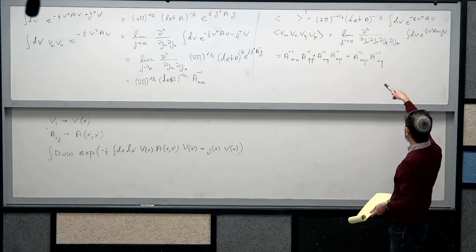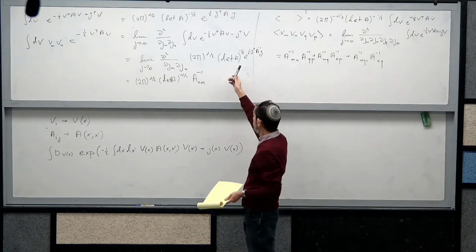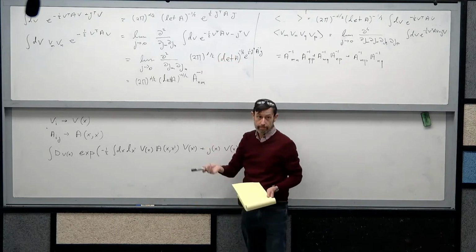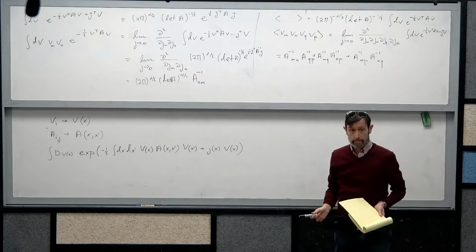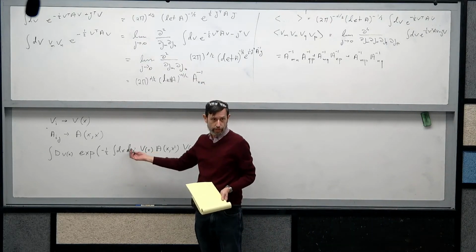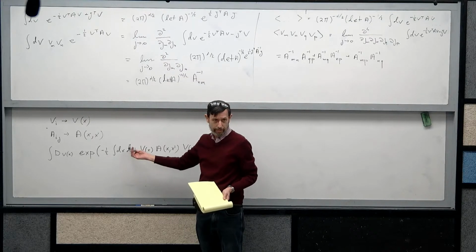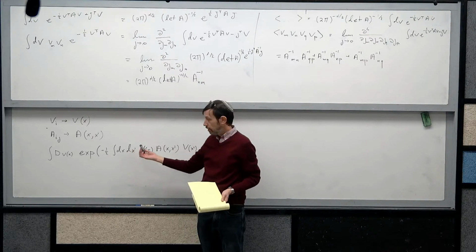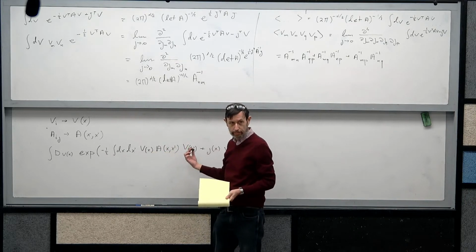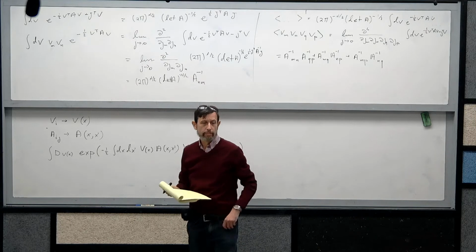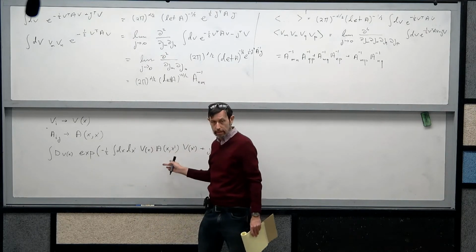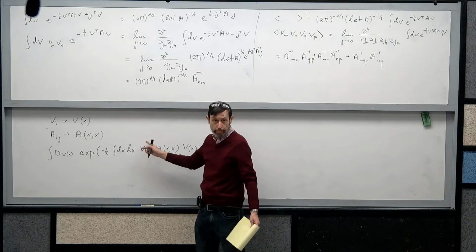Which is exactly the integral written here. Instead of summations over i and j, I have integration over x and x prime. Instead of vi and vj. If I had complex here, this would have been the complex conjugate.